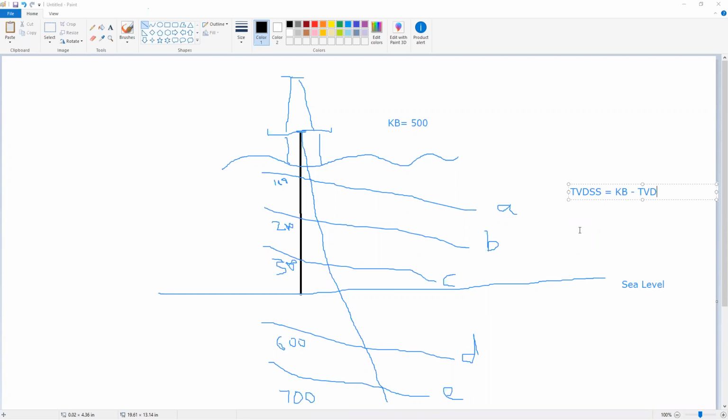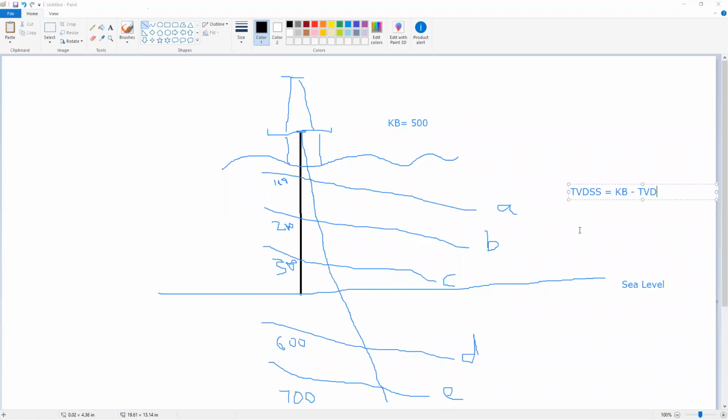right? Yes, sir. All of the TVDSS values above the sea level are positive and below the sea level are negative. You can see that the TVDSS value for C formation is 200, positive, for B 300, positive, and for formation A 400, positive, because formation A is the highest formation top with respect to the sea level.